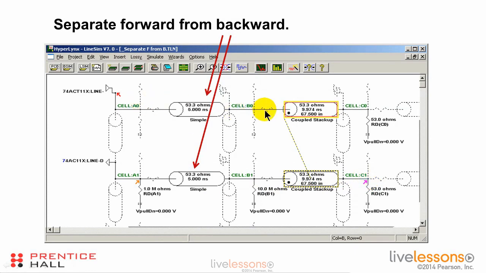So we got 5 nanoseconds to here, 10 nanoseconds, 15 nanoseconds, 25 nanoseconds to get to the far end of the victim trace. The forward crosstalk signal will get to the far end of the victim trace after 5 nanoseconds and then 10 nanoseconds through here, or in 15 nanoseconds. So the backward crosstalk signal is going to lag the forward crosstalk signal by about 10 nanoseconds.